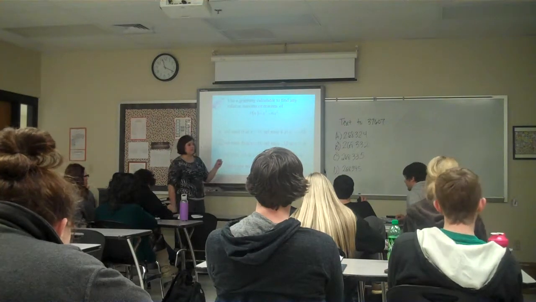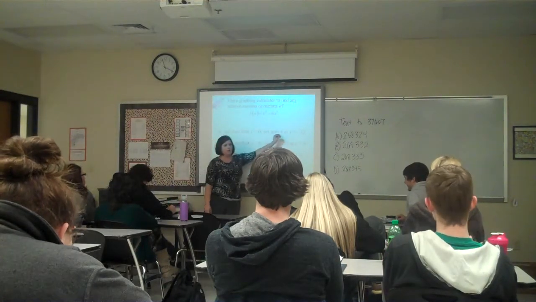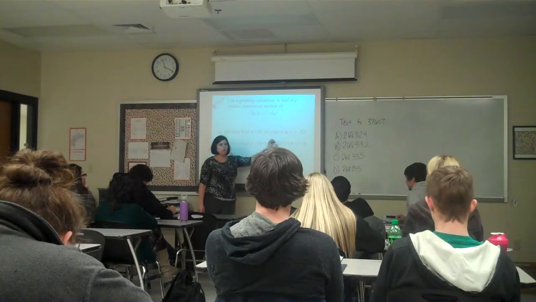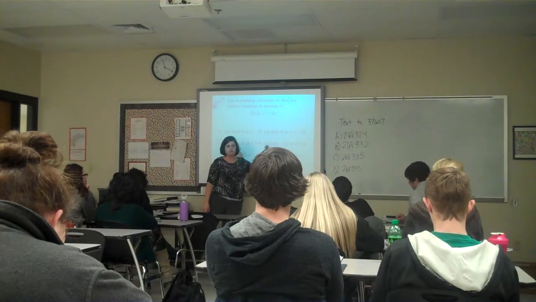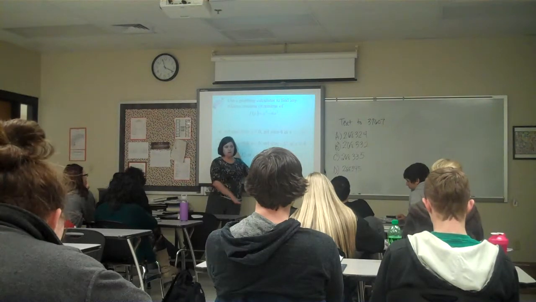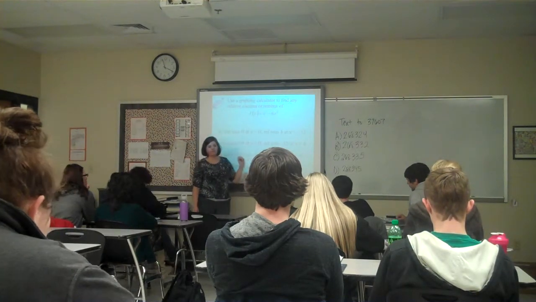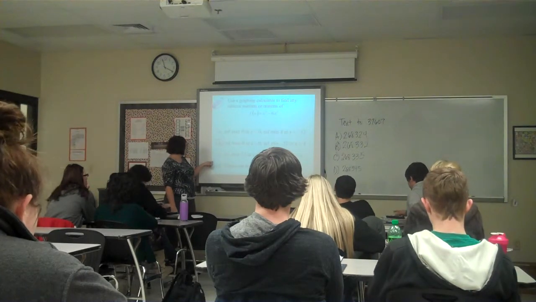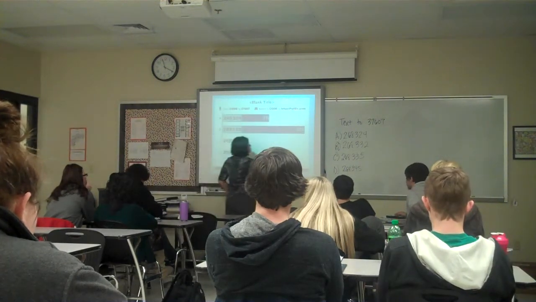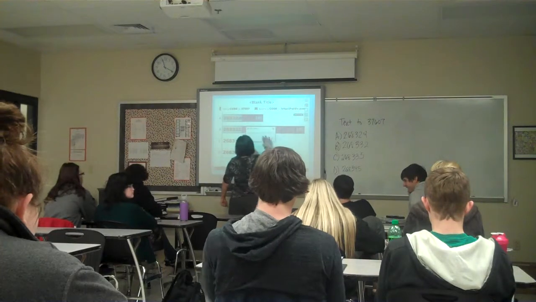Was there a relative minimum at 4 when x was 32? Or was it at negative 32 when x was 4? And it was actually at negative 32 when x was 4. Okay? Alright. Let me go back and clear those out.